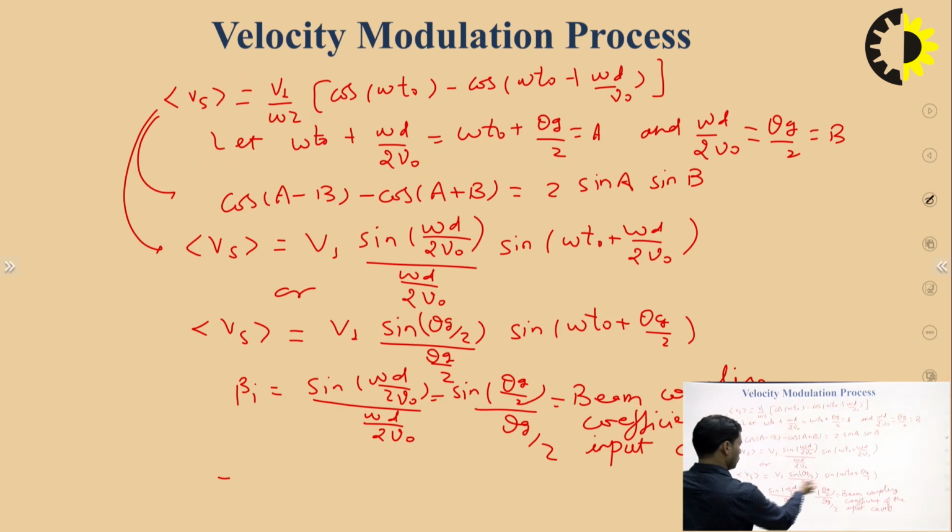This one that we gain, beta I into sin(omega t naught plus theta g by 2), will be added on now.